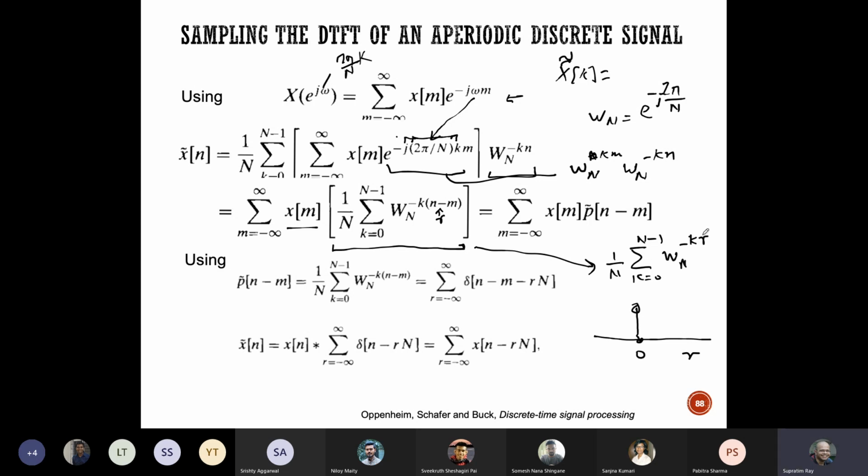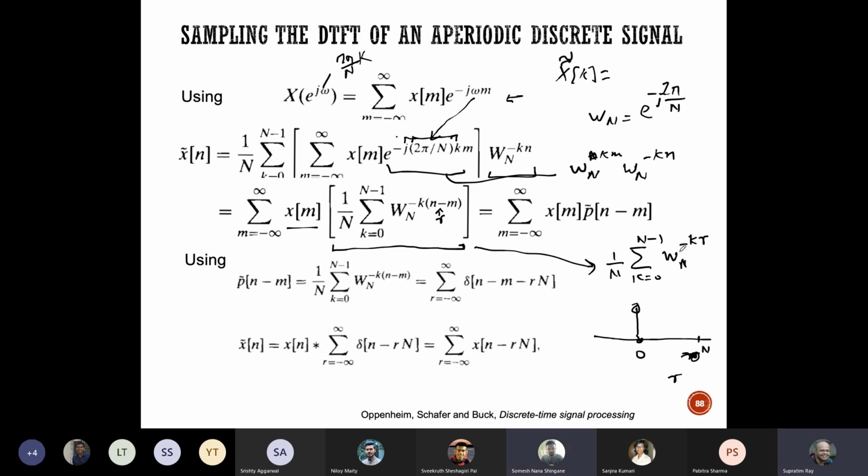Now, when r is equal to some multiple of N, like r equal to N, let's say, what is it going to be? It will be 1. Why? Because it's periodic, so again the value will occur at the same point.